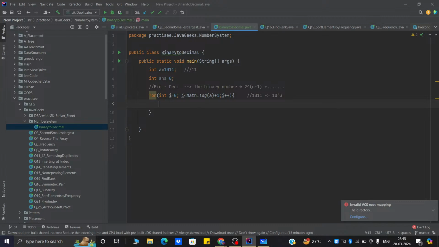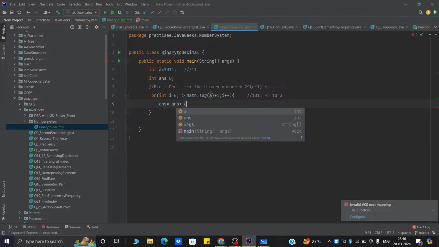Now, oh, so much calculation, I forgot the steps. Okay, so now what we will do is we multiply and add. Answer equals answer plus a modulo 10.